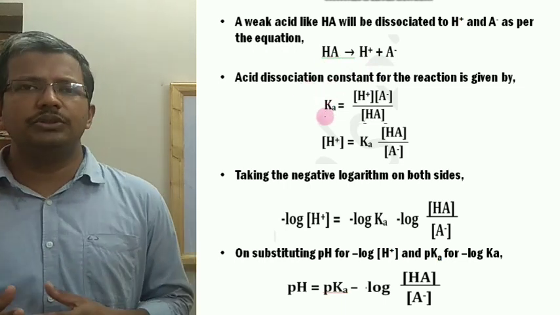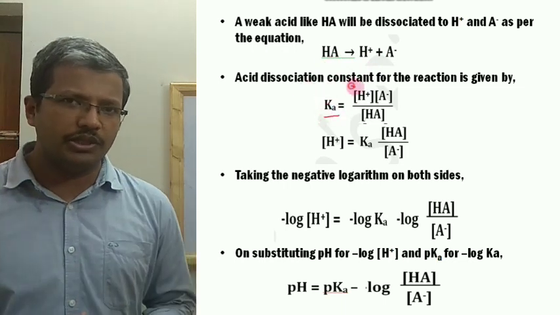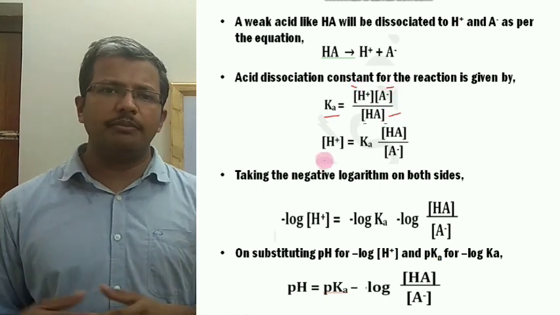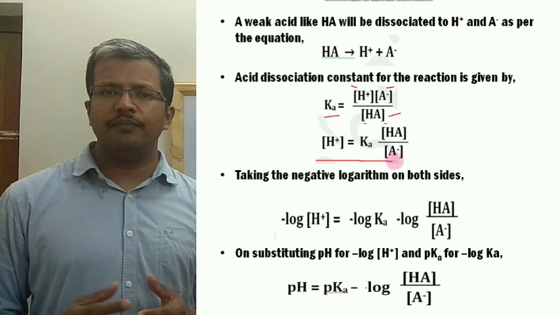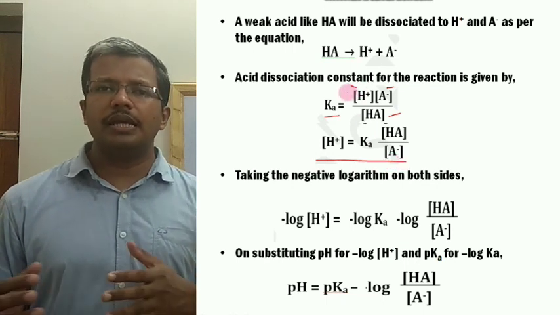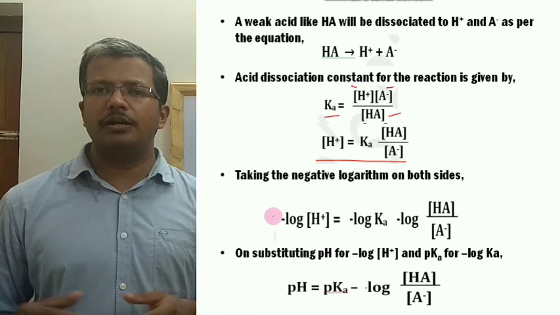The acid dissociation constant for this equation is given as Ka equals [H+][A−] divided by [HA]. We can rewrite that as [H+] equals Ka times [HA] divided by [A−].